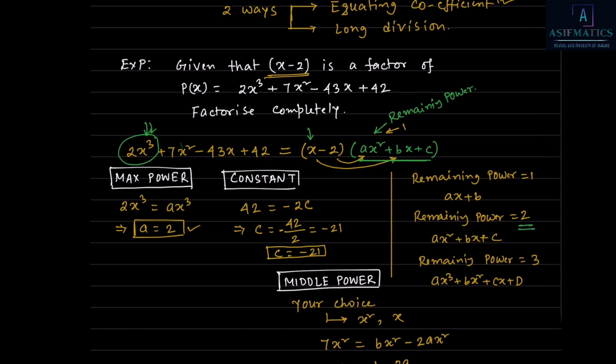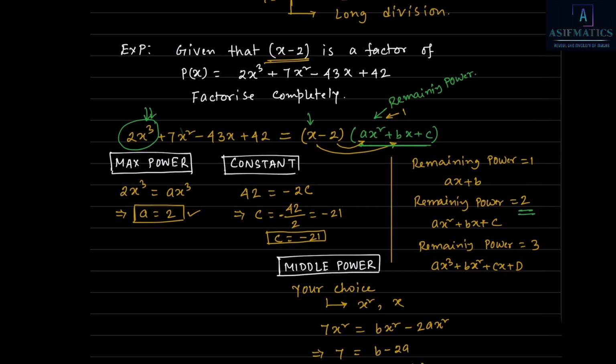Once you have this, after that you equate the coefficients. My tip is you go for the maximum power first, then you go for the constant value, so that you can directly get the values. You can do it any way, but if you solve like this, you can straightaway get the a and c values directly.